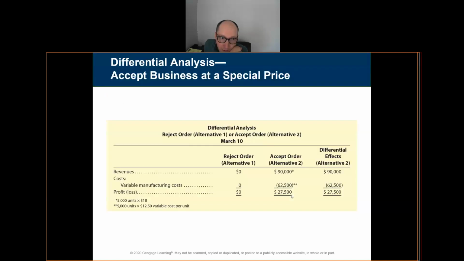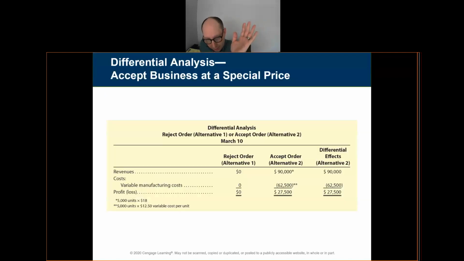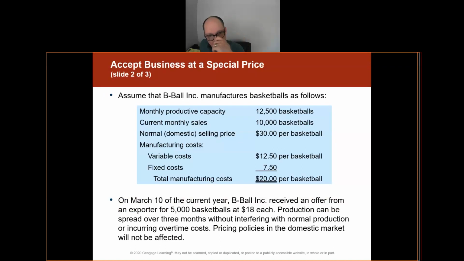And when we look at this decision, it's either nothing or we get $27,500 in profit over 3 months. Well, here's the thing. They want to buy it from us at $18 a piece.